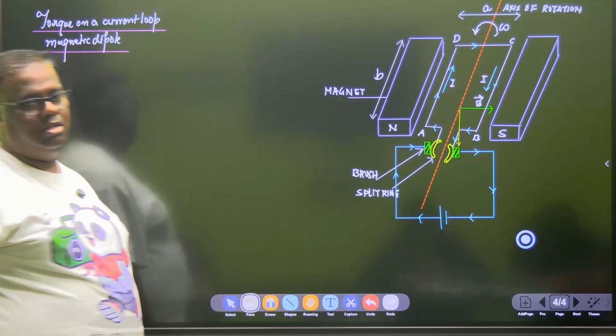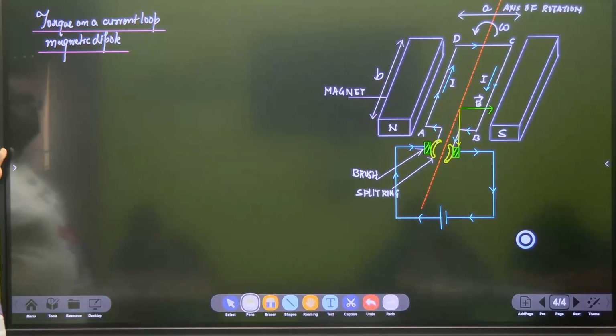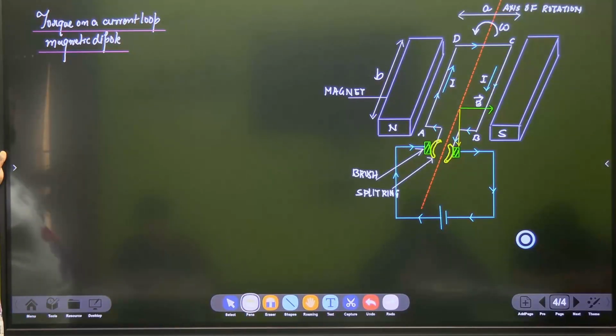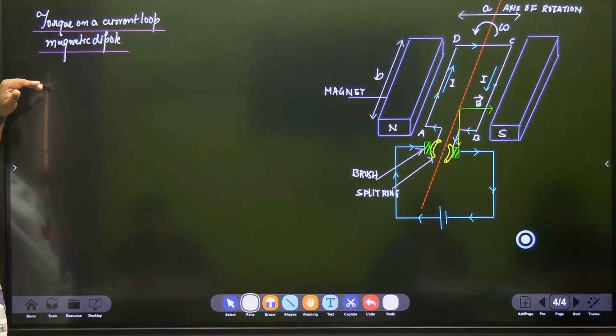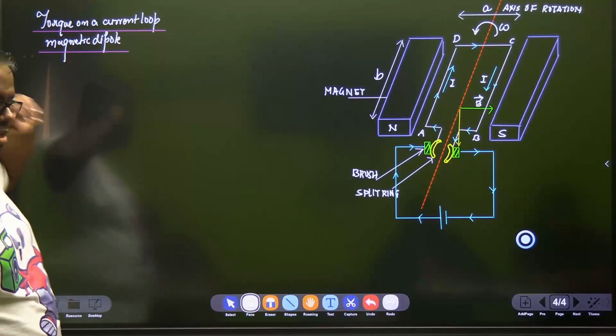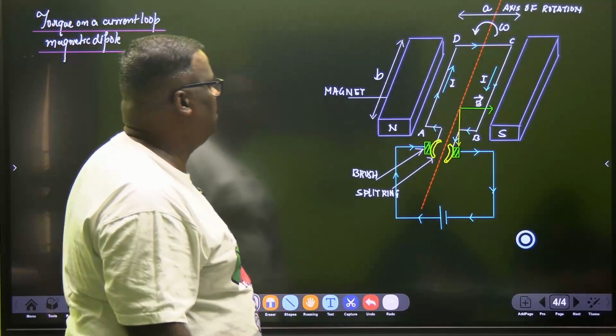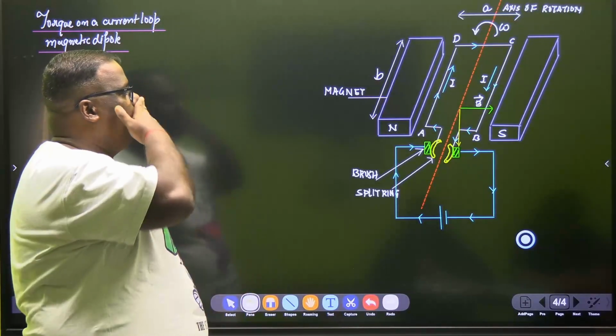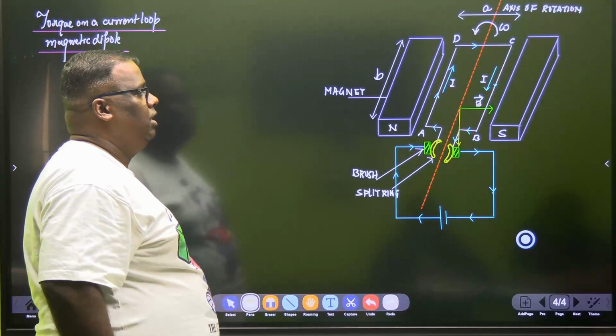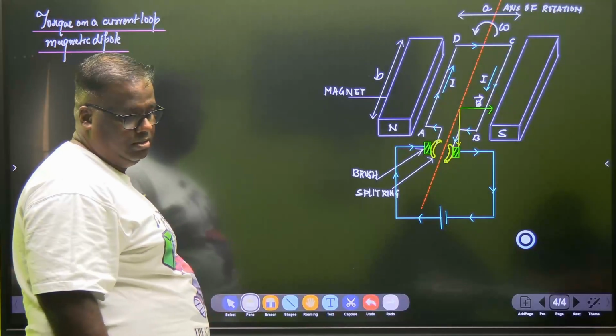And you can write what is your lookout or what is your quest. Quest is: what happens when a current carrying loop is introduced in a magnetic field?